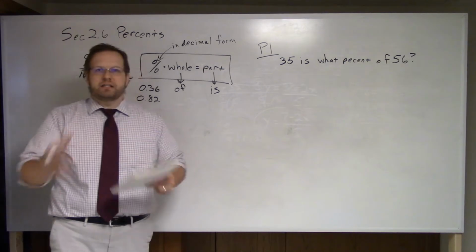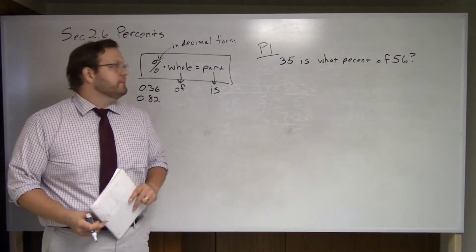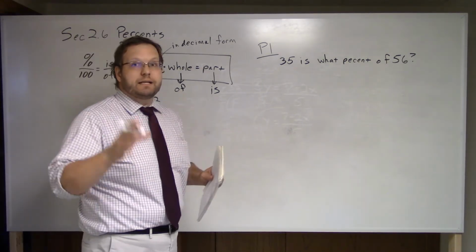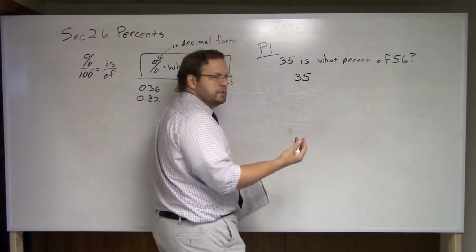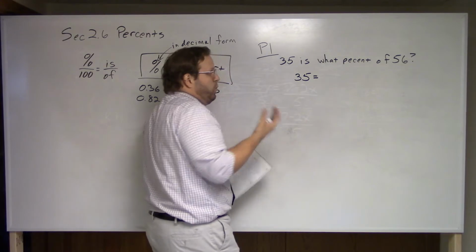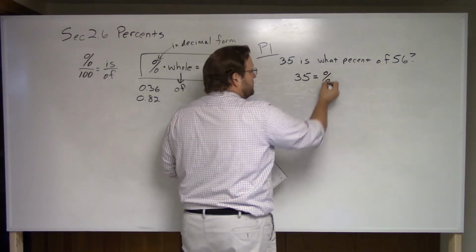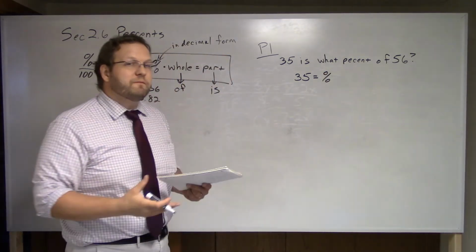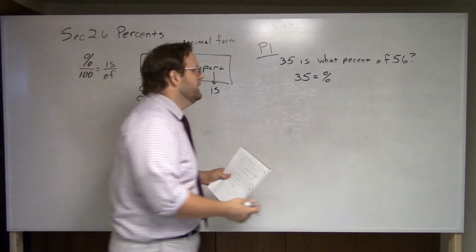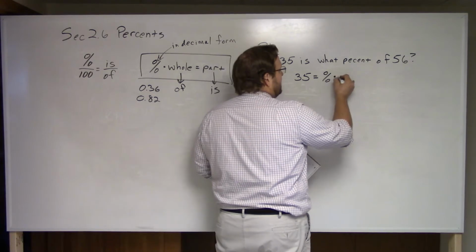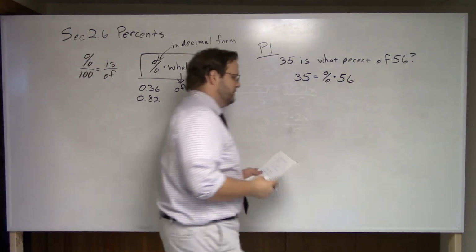It's just how do these numbers interact with one another. So when we do this, translate it. Watch how I do this. I've got 35 is what percent? I don't know. I'm going to use that percentage symbol almost like a variable, but I use the percentage symbol so I remember that's what I'm finding. Of means multiply, and then we have a 56.